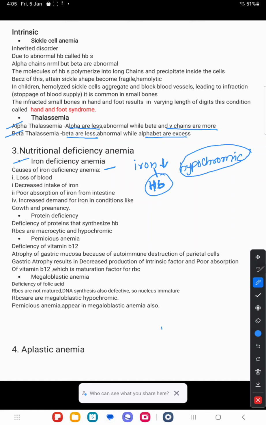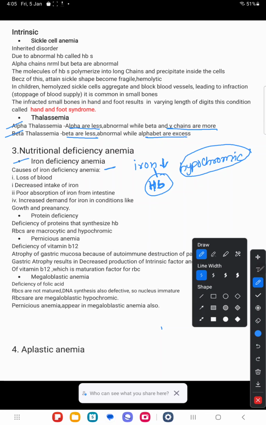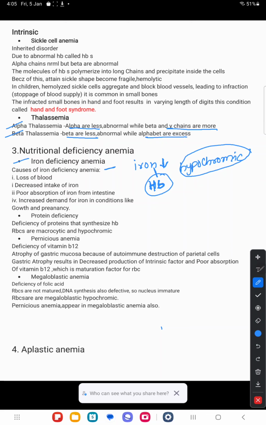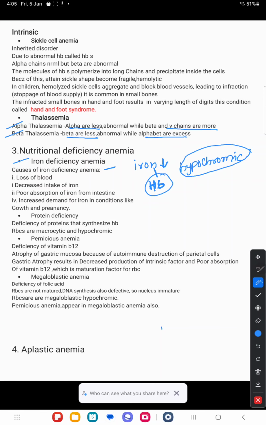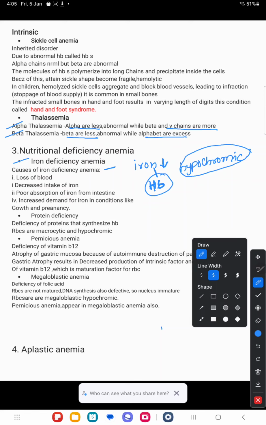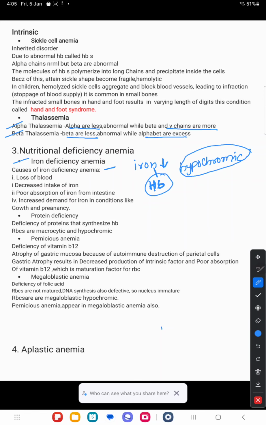What are the causes for iron deficiency anemia? Loss of blood, decreased intake of iron, poor absorption of iron from intestine, and increased demand for iron in conditions like growth and pregnancy.